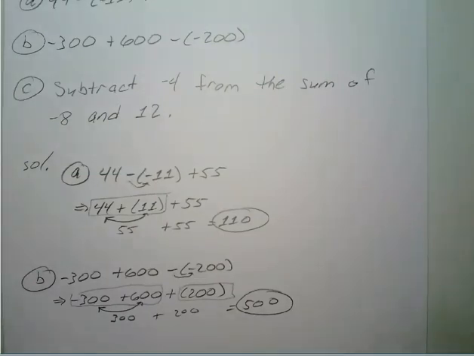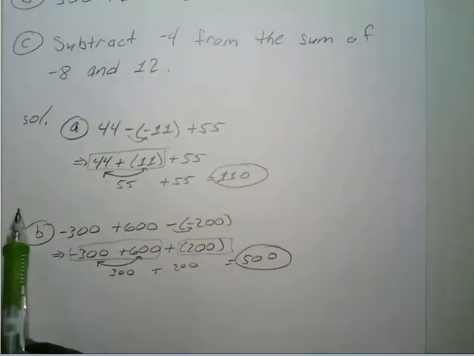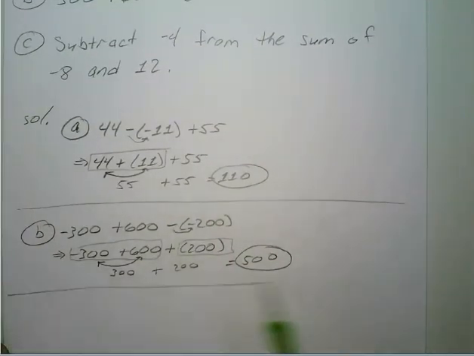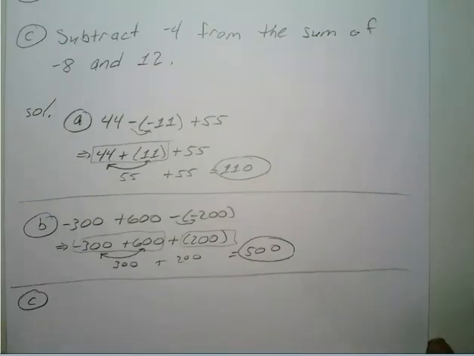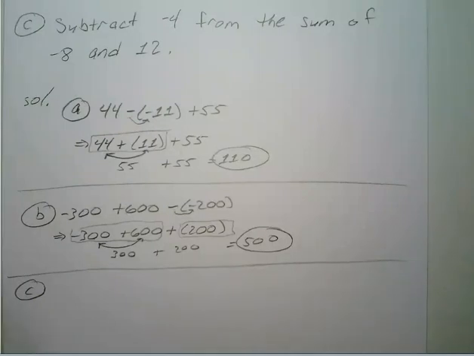All right, so now for problem C, let me go ahead and separate those, avoid any confusion. We want to subtract -4 from the sum of -8 and 12. Okay. Now this one is probably going to be a little confusing just because of the way it's worded.